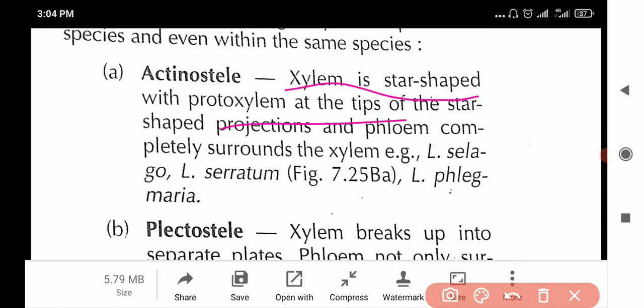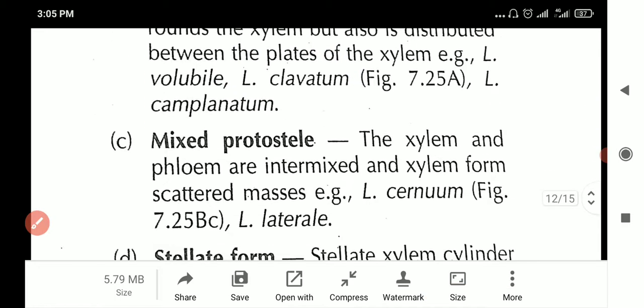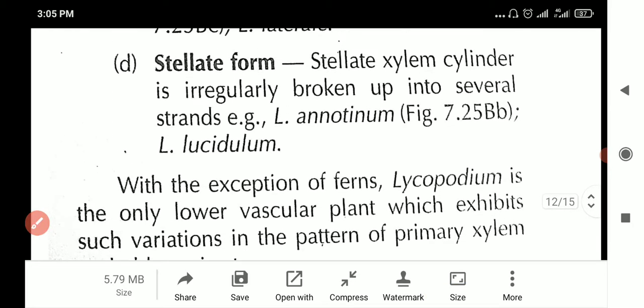I don't need to repeat, girls, because we have done types of stele. Then you have plectostele, like the example we did, like I showed you just now in clavatum. Then you have mixed protostele, you can remember, in lateral. So then you have the different kind of cylinder in this.